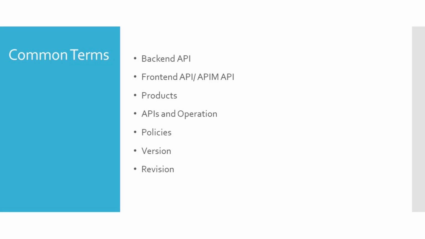This is an HTTP service that implements your API and its operations. Frontend API. An APIM API does not host your APIs. It creates a facade for your APIs, and you can customize the facade according to your need without touching your backend APIs.